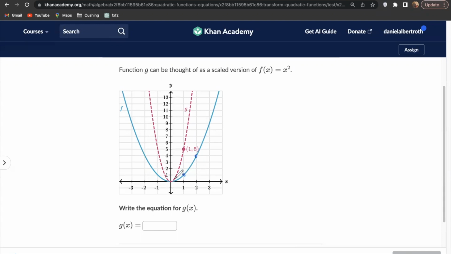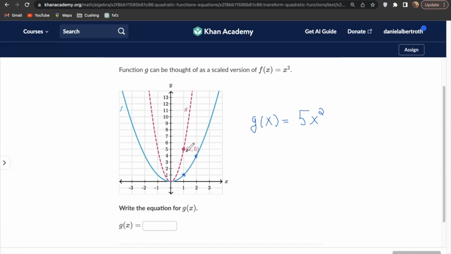When x is 1, y is 5. It's 5 times that. So I think g of x, instead of just being x squared, is actually that multiplied by 5, because that's what's happening when you plug in 1 for x. It's not 1 squared, it's 5 times that.